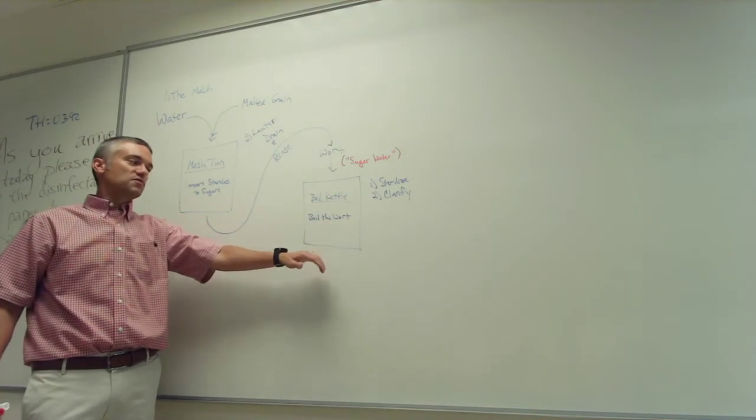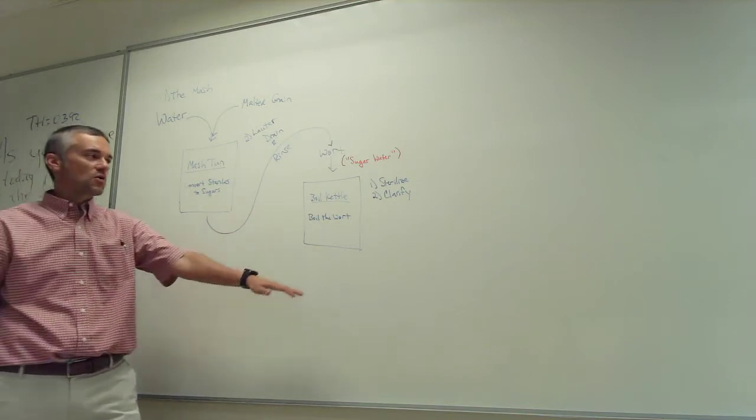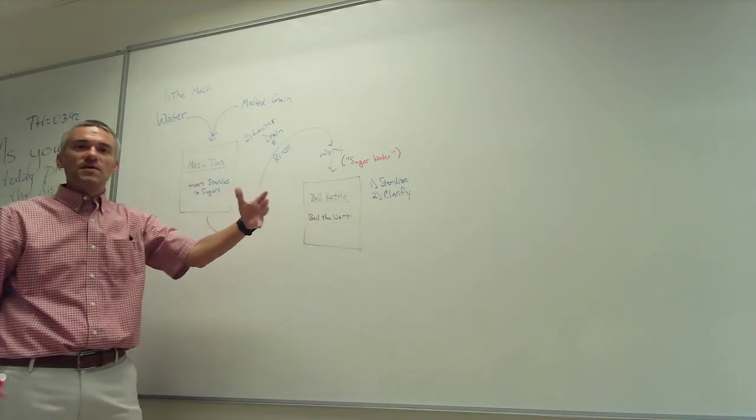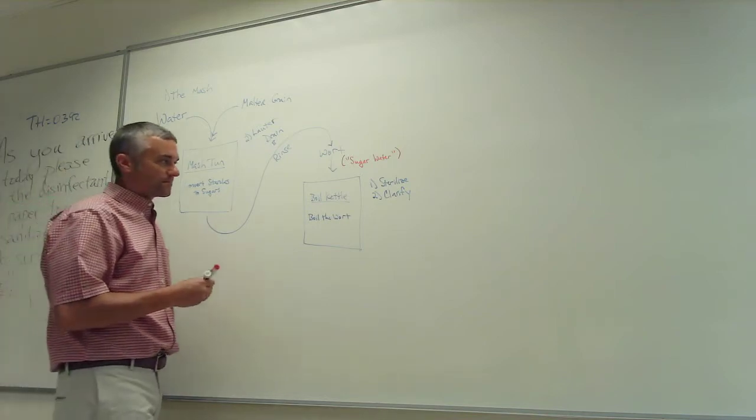So as we transfer the cooled wort into a fermenter, we can leave all of those particles behind. So when we get to our finished beer, it's clear. Historically, people didn't worry about it because they were drinking out of opaque mugs, stoneware and stuff. Now, with the advent of glass, a lot of people like to see what they're drinking. So it's important.